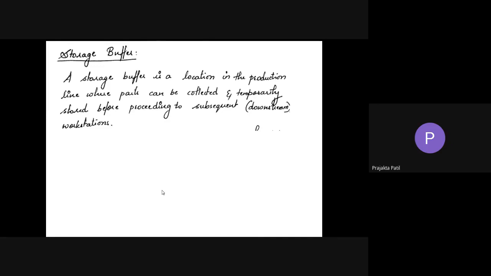These storage buffers are locations in between the workstations where you can temporarily store the parts, instead of moving them to the next workstation for processing. It's not necessary that you always store parts at the storage buffer. There are certain conditions when you actually have to use it.